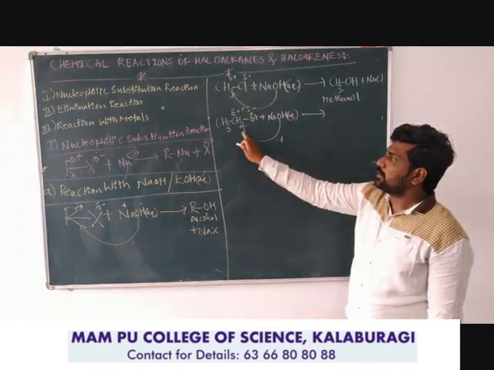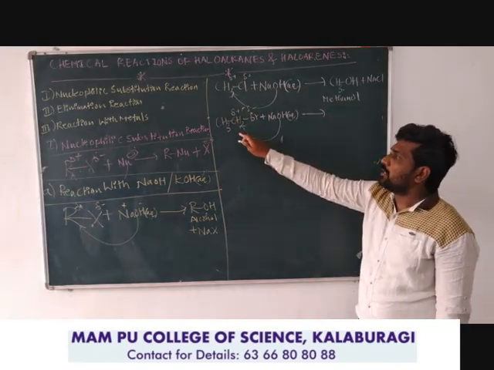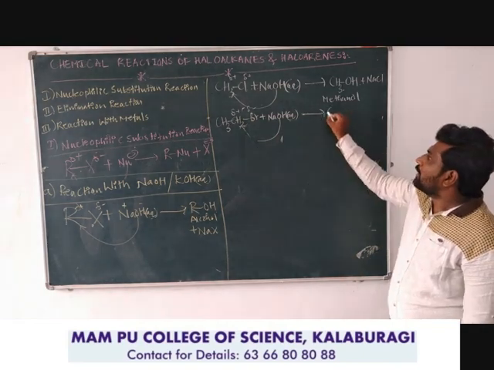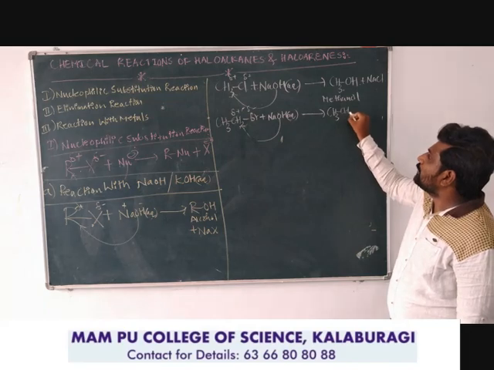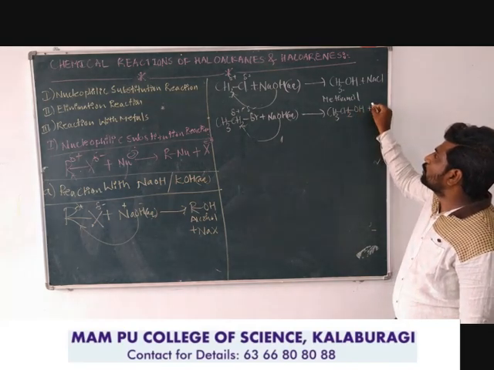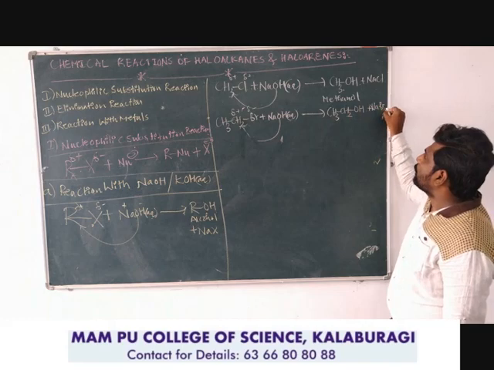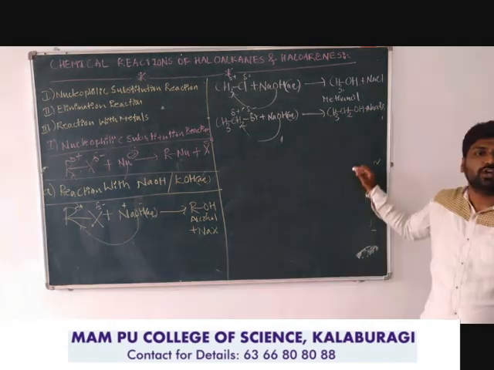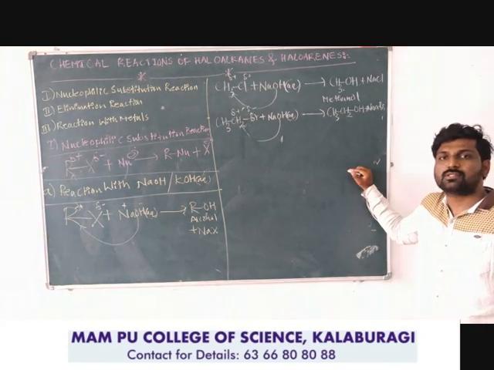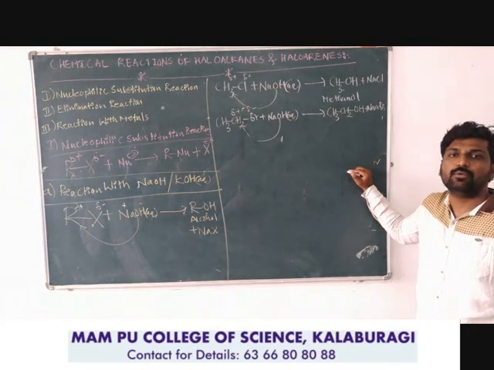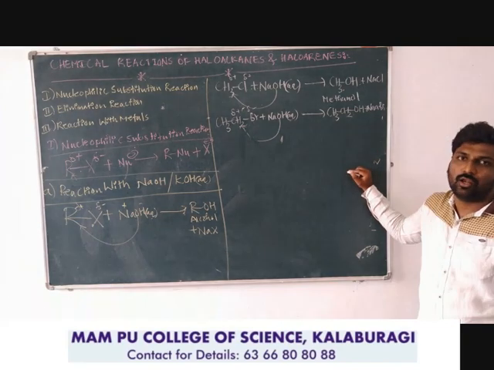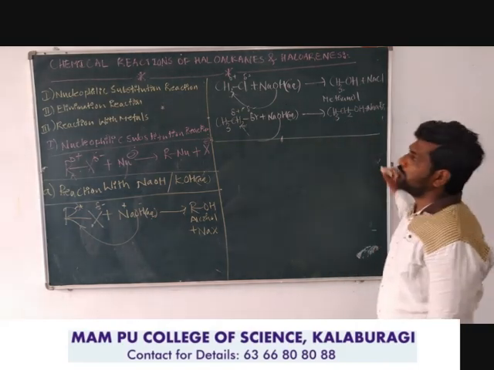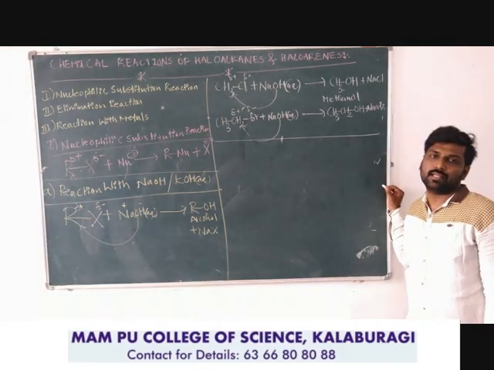Here we have 2 carbon atoms. Among them, the carbon bonded to the halogen atom is attacked by the OH group, and the bromine atom from bromoethane is replaced by the OH group, and we get NaBr as byproduct, and the main product is ethanol. If you take chloropropane you get propanol, chlorobutane gives butanol, chloropentane gives pentanol, and generally you get alcohol. So this is the first reagent I have taken for the nucleophilic substitution reaction.